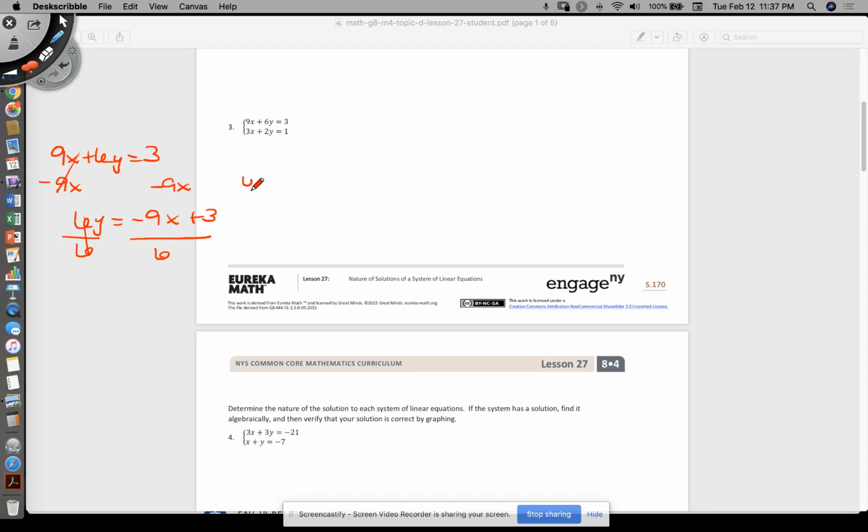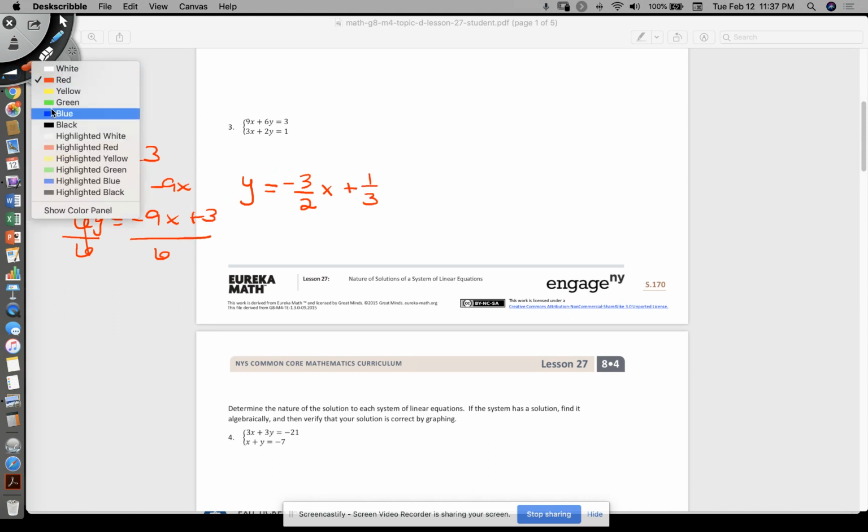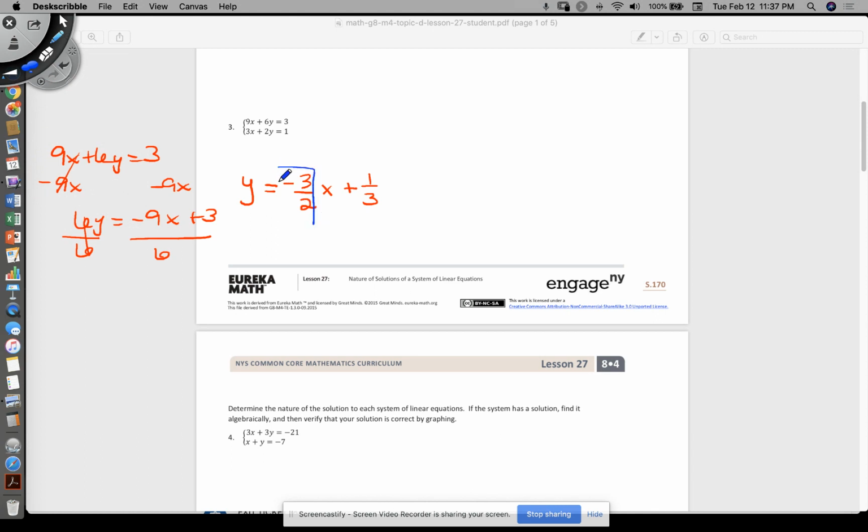My final outcome here is y equals, now 3 can go into both of these, so I'm going to say negative 3 halves x plus, and 3 can go into both of those, 1/3. So here's my slope of that one.